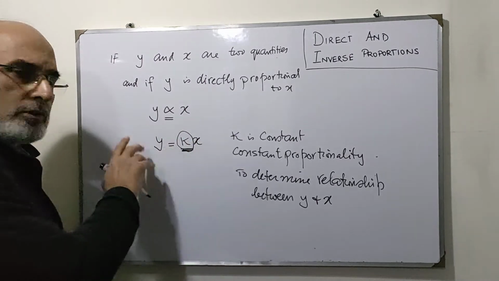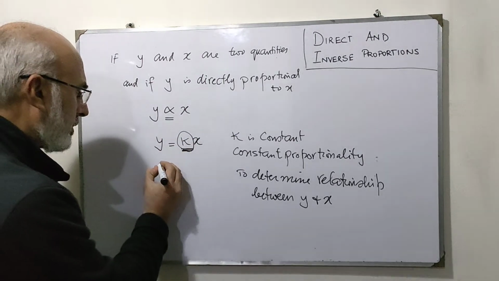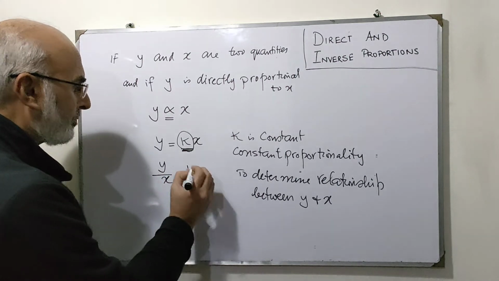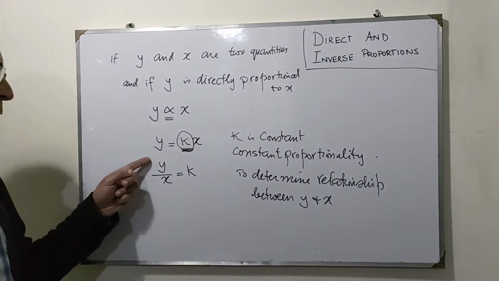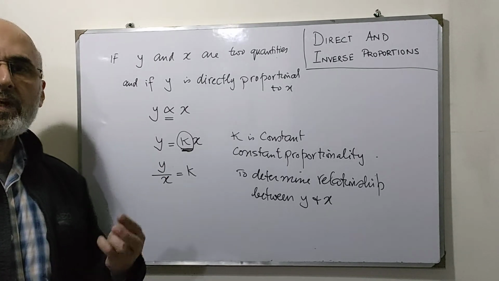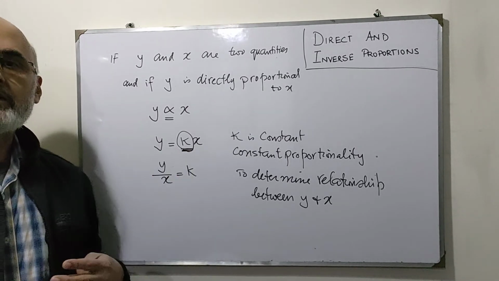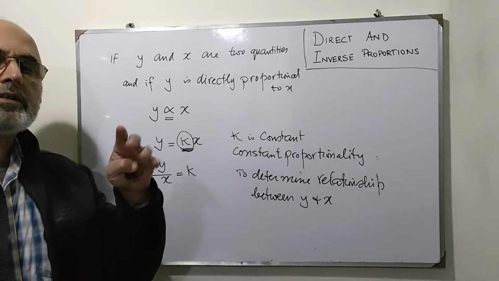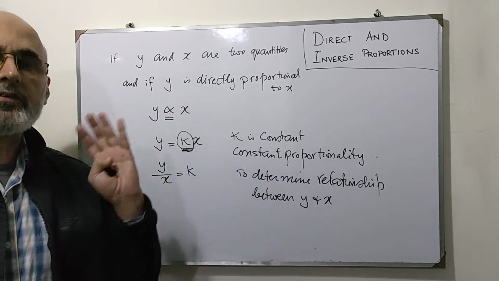We'll come back to this constant later, but we can also write it like this: y over x is equal to k. That means this is the ratio of the two quantities. If the two quantities are increasing or decreasing, they are increasing or decreasing at a certain ratio.